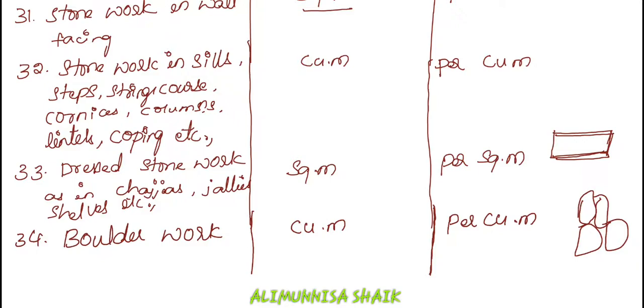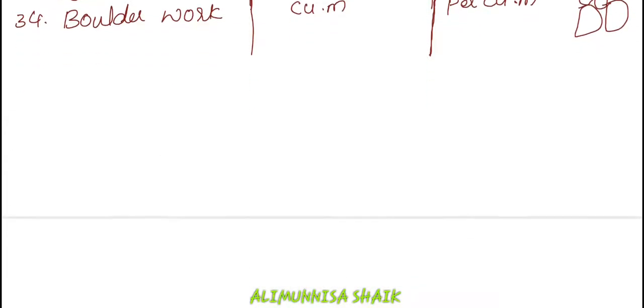Okay, so this is all about your stone masonry. Now let us go to the next item of work. Let me write in the fresh page. The next item of work is your roofing.